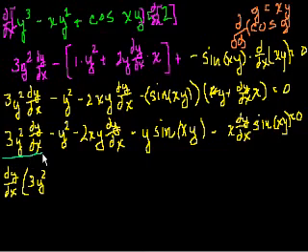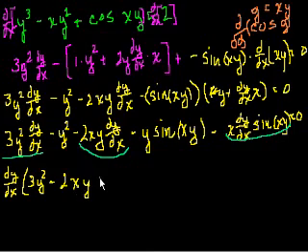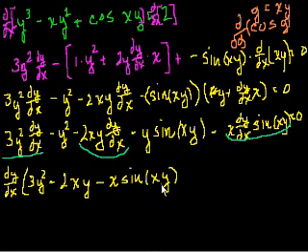This has a dy dx, this has a dy dx, and this has a dy dx, so let me separate those out. So it's 3y squared minus 2xy minus x sine of xy minus sine of xy.